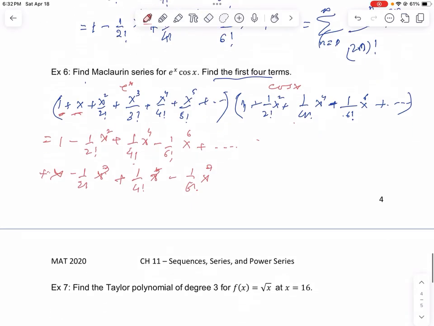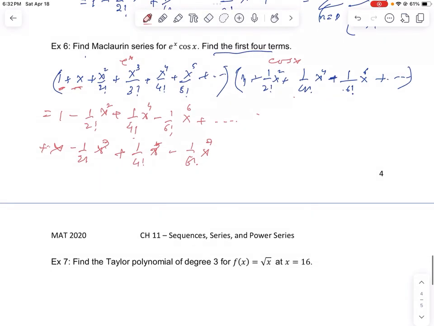So then we can take the next term, x squared over 2. Actually, from here we can get an idea. So we have 1. The next term is the x, which is over here.